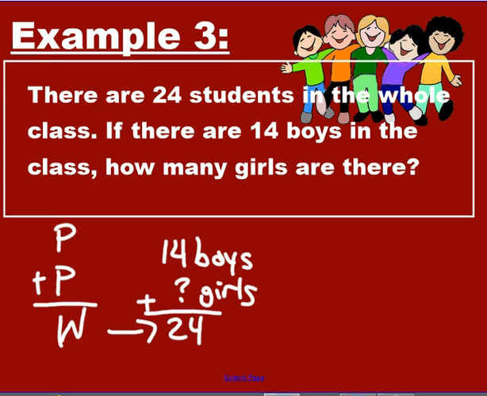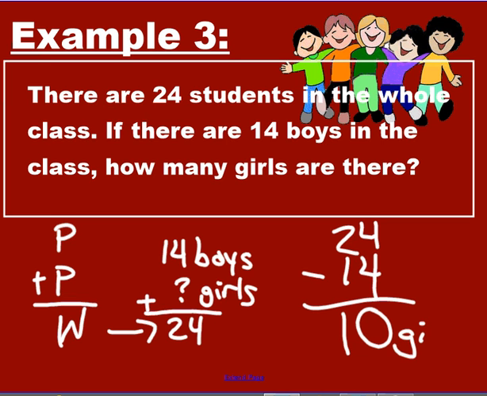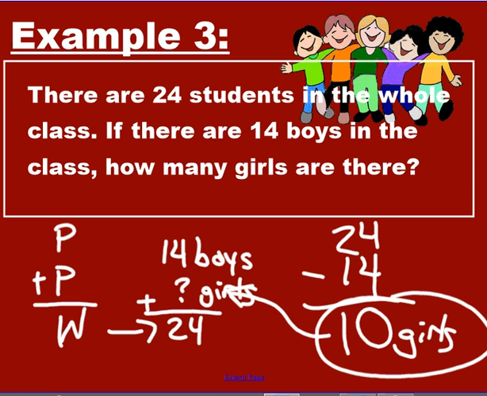I need to subtract. 24 minus 14 should equal the amount of girls. 4 minus 4 is 0, 2 minus 1 is 1. We think that there are 10 girls, but we need to substitute it back in and see. Does 14 plus 10 equal 24? It does. So there are 10 girls in the class.